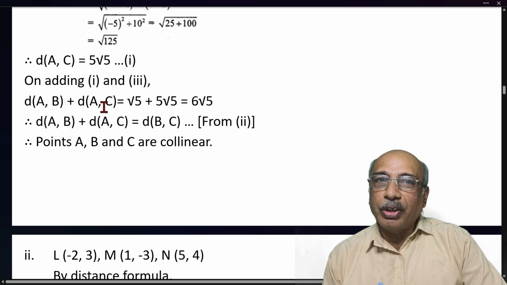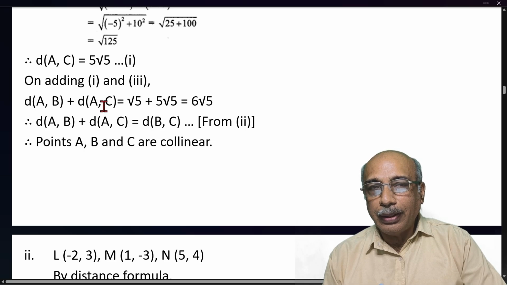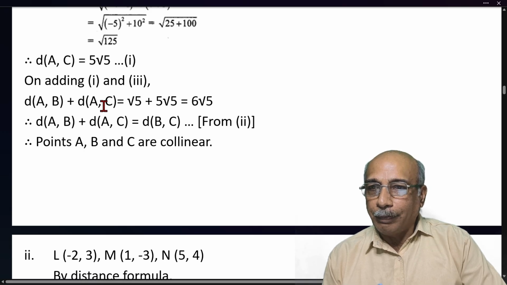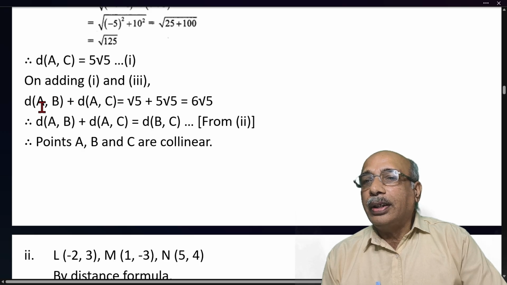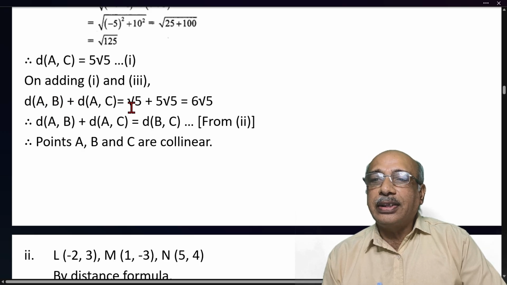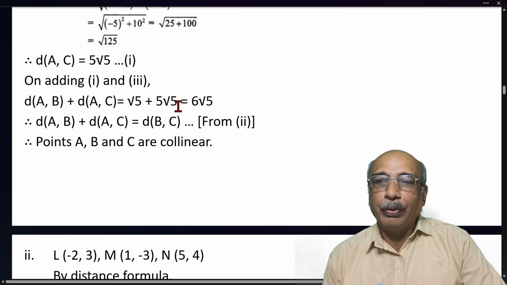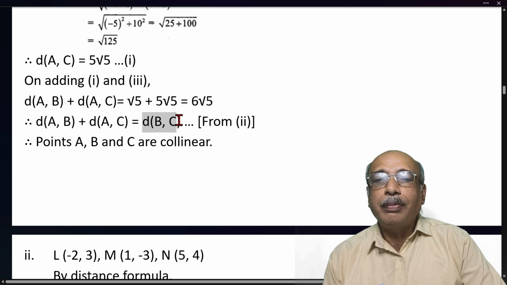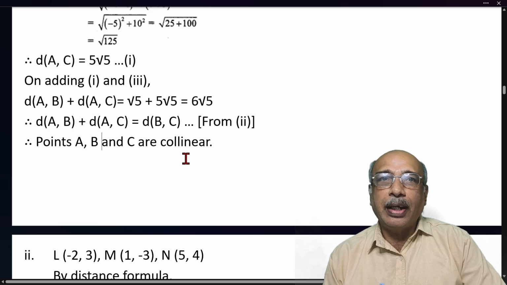If it equals the third segment, then we say that they are collinear. So distance AB plus distance AC equals root 5 plus 5 root 5 equals 6 root 5. But 6 root 5 is the value of distance BC from above. Therefore, points A, B, C are collinear.